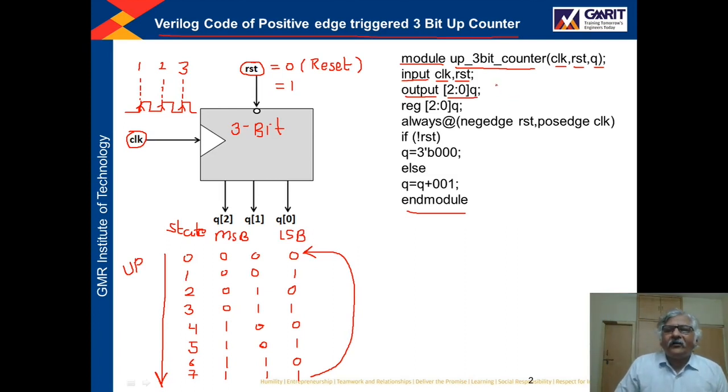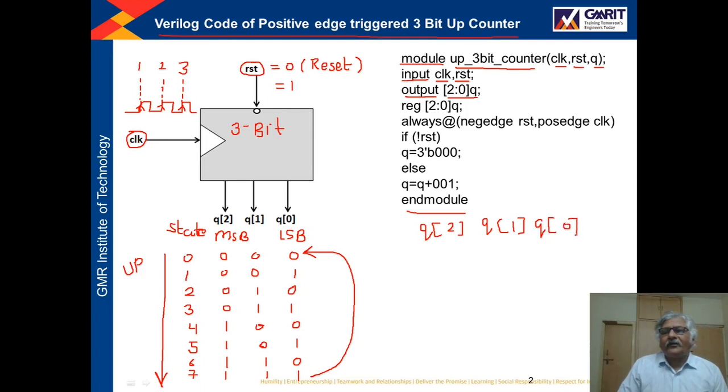With this, what will happen? Three elements of Q will be created, and these will be in this sequence: Q2, Q1 and Q0.